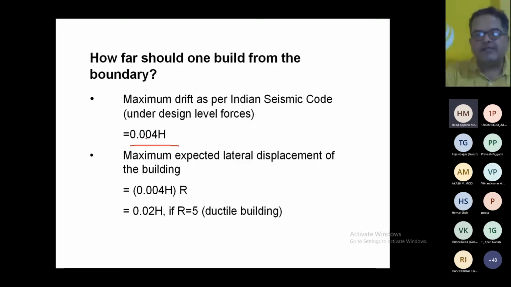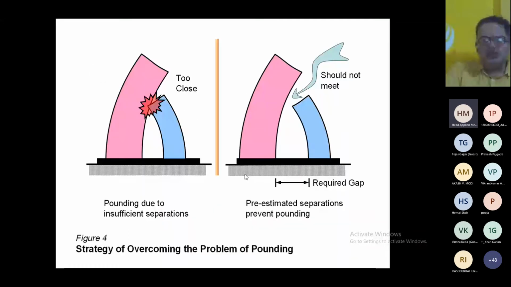So you can take this 0.4% multiplied by R, the response reduction factor. This should be the maximum gap you have to provide to avoid pounding, right? So you can see here the pounding has taken place. If the gap is there, there is no pounding.